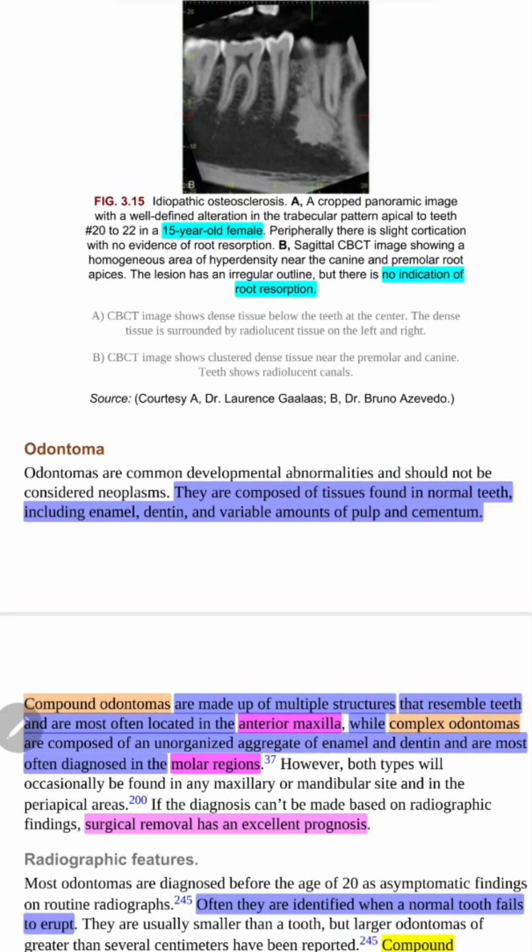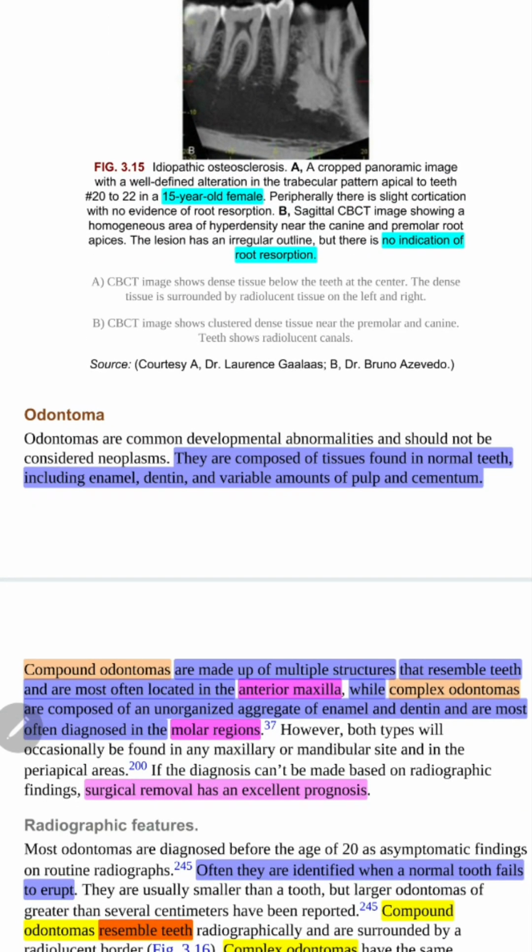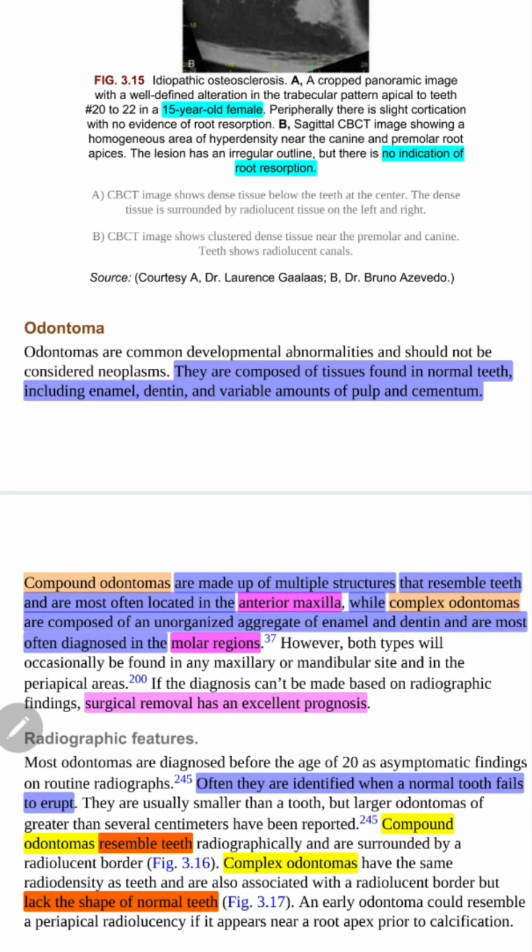What about odontoma? Odontoma is also an abnormality that can be found in the jaw. It only needs extraction, and its surgical removal has an excellent prognosis.